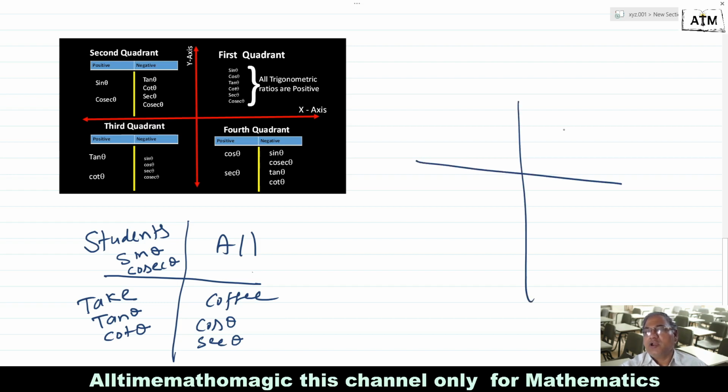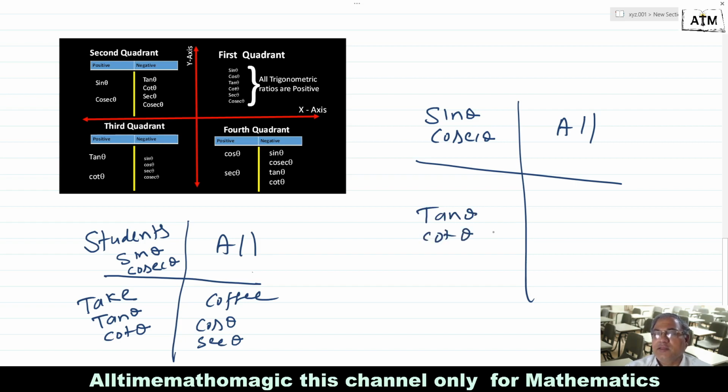So in the first quadrant, all are positive. In the second quadrant, sin theta and cosec theta are positive. When sin theta and cosec theta are positive, that means the rest are negative. You only remember the positive ratios, so automatically the ones which are not spoken here are negative. In the third quadrant, tan theta and cot theta are positive.